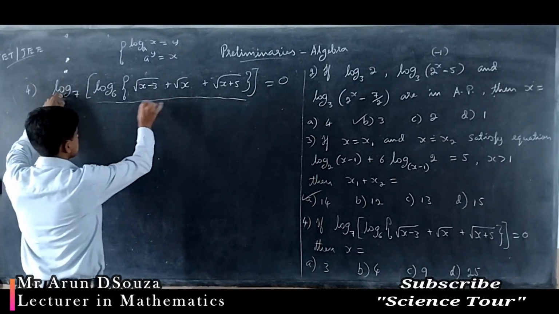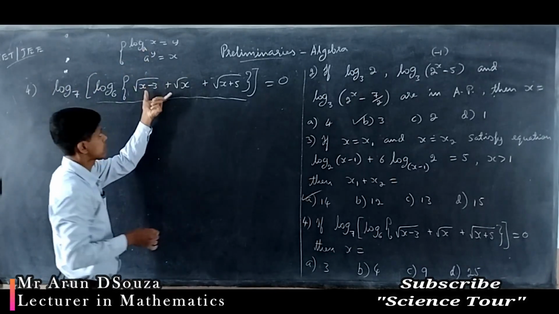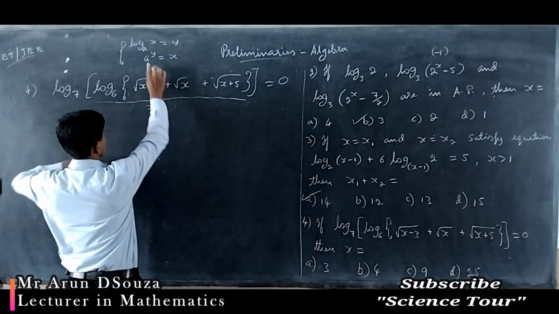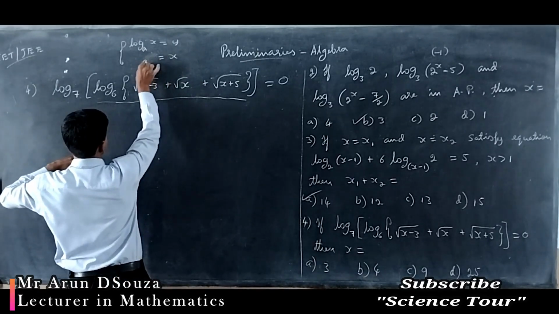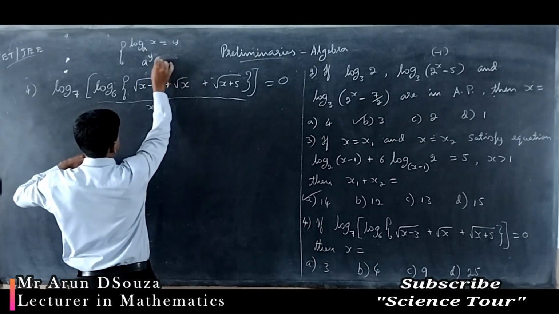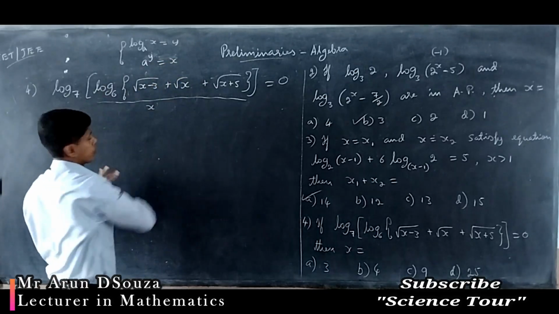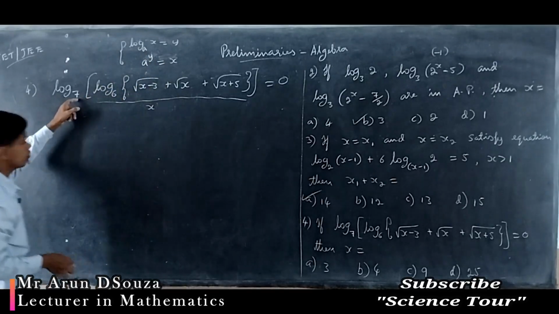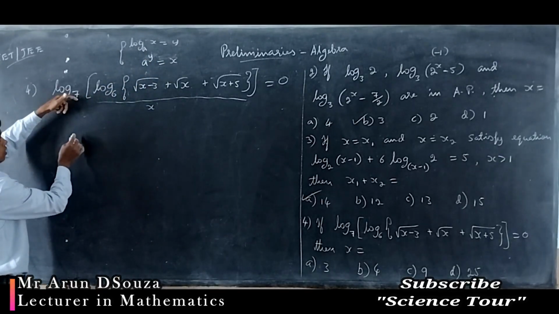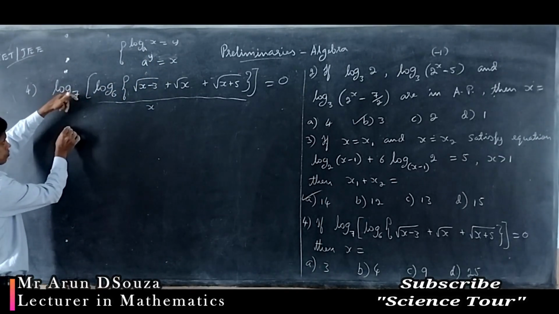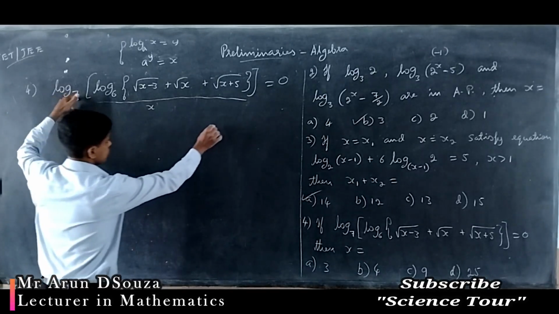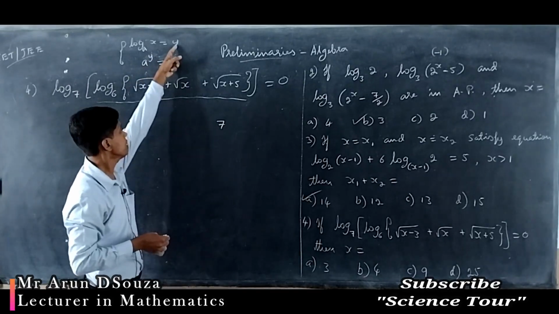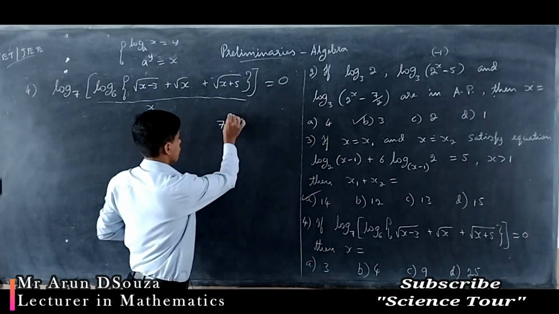Well, now what you have is log, and think that this is x and this is y. So I want to write a to the power y is equal to x. Okay, now a. So in place of a, what do you have? 7. Okay, so 7, and what is y? 0.